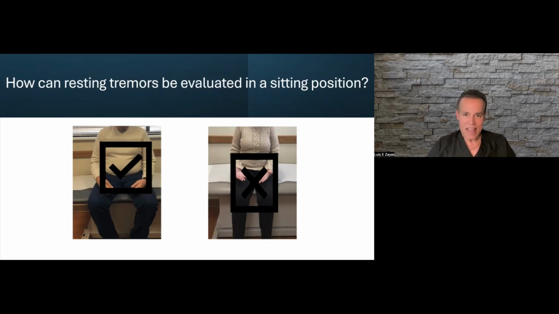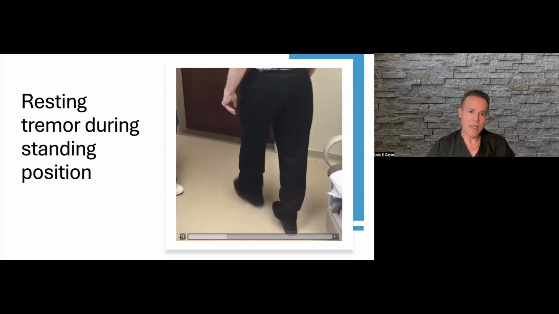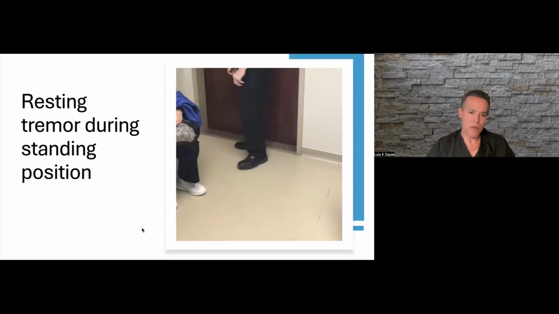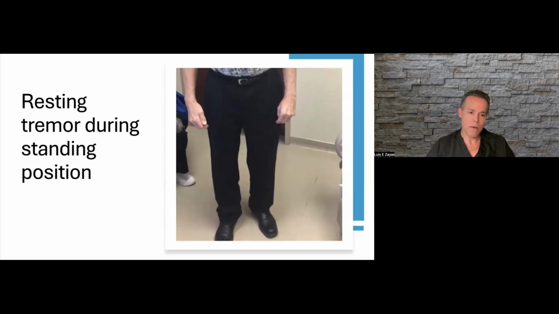If I cannot get that, you would be looking during standing position, walking, okay? This is characteristic. When the patient is walking, you can see the characteristic Parkinsonian tremor in some patients. And you will see this in this video. This is a characteristic resting tremor in a patient in standing position. Okay, walking.